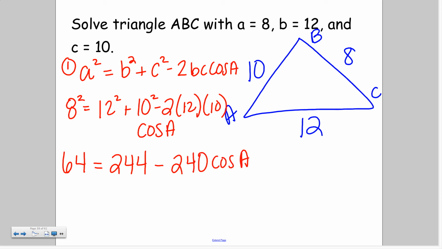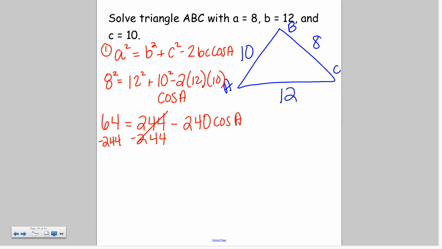Alright, so now I'm going to solve an equation. I'm going to get that cosine of A all by itself. So I'm going to move 244 over first. So now you've got negative 240 times the cosine of A, so we're going to divide.